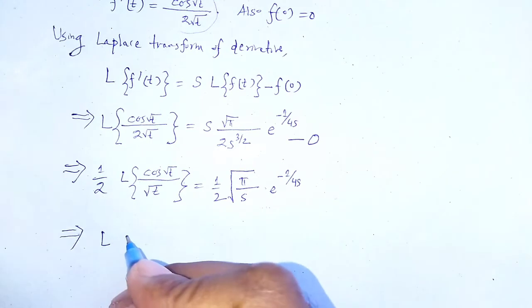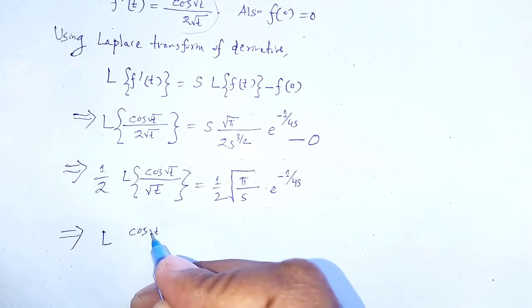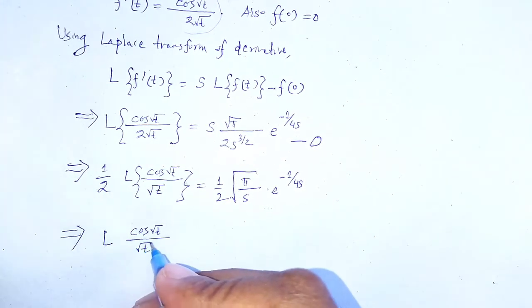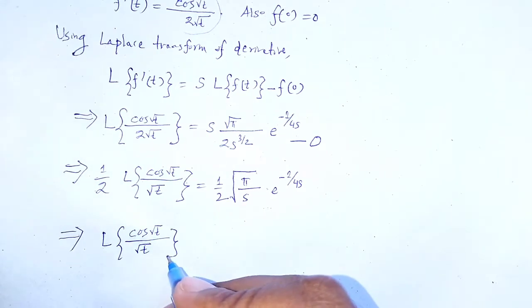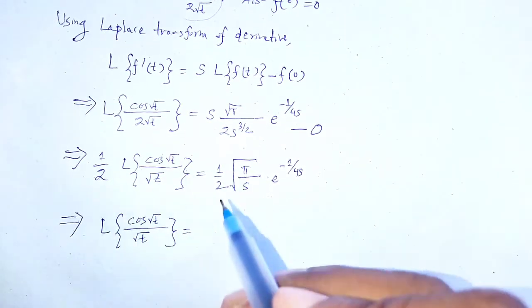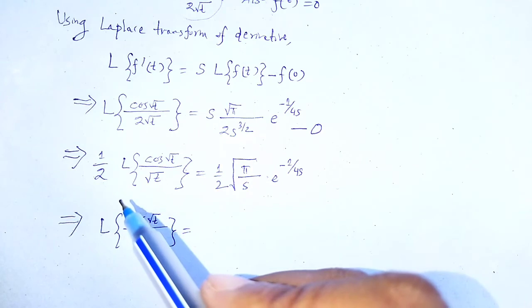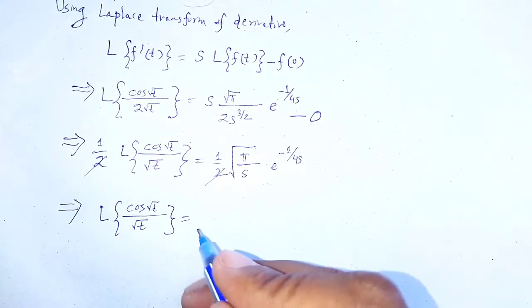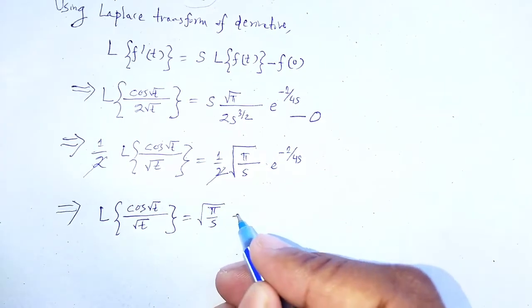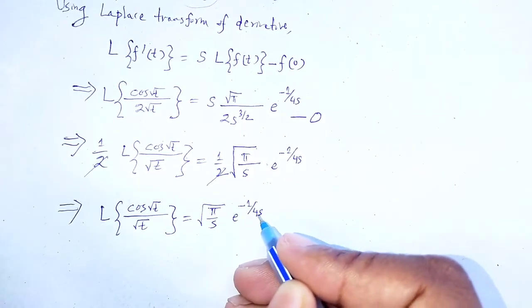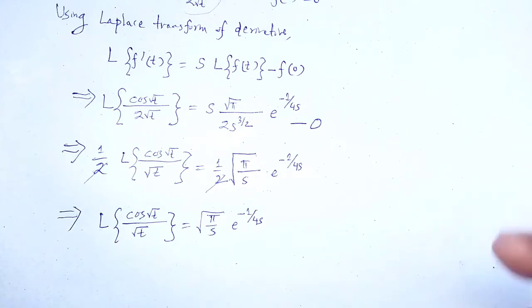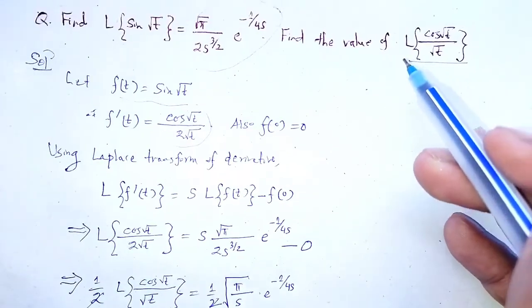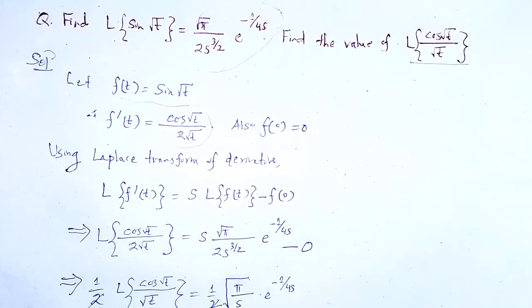So, Laplace transform of cos under root of t divided by under root of t is equal to, that 2 is multiplied here, so 2 cancels out, under root of pi by s e to the power minus 1 by 4s.